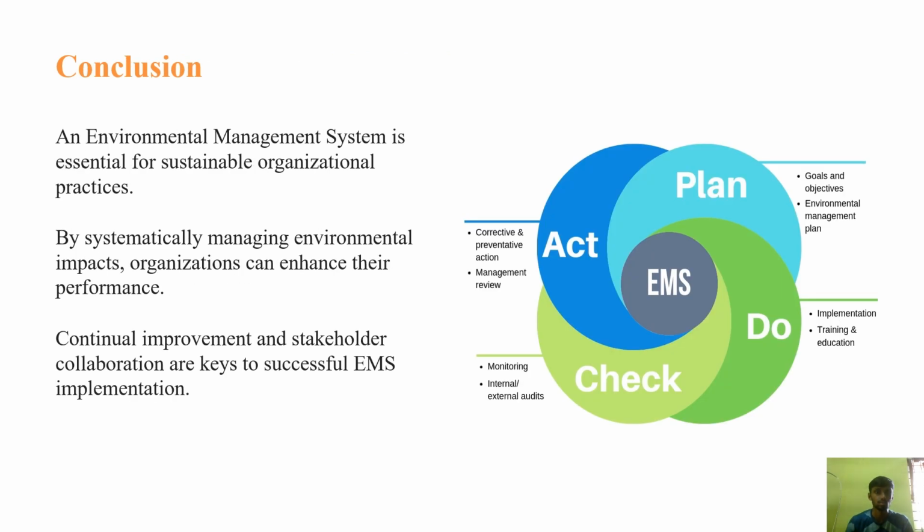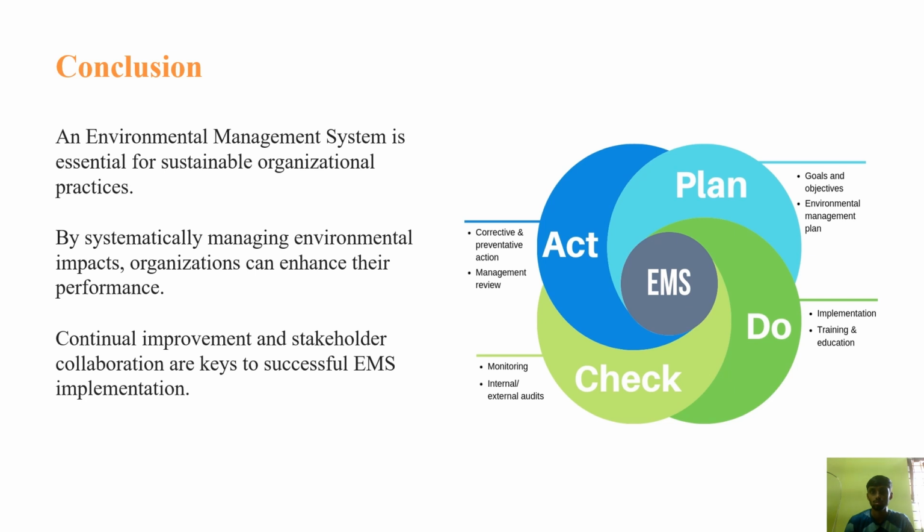And this is the conclusion: an environmental management system is essential for sustainable organizational practices. By systematically managing environmental impacts, organizations can enhance their performance, and continuous improvement and stakeholders' contributions are key to successful EMS implementation. I previously told you about the plan: our goals and objectives, and the environmental management plans.